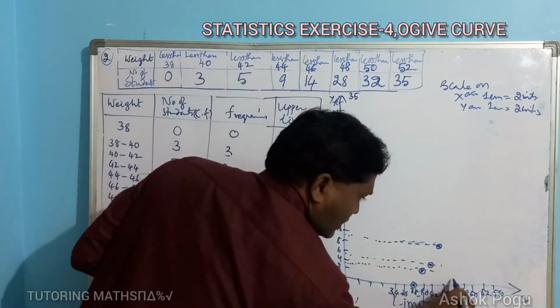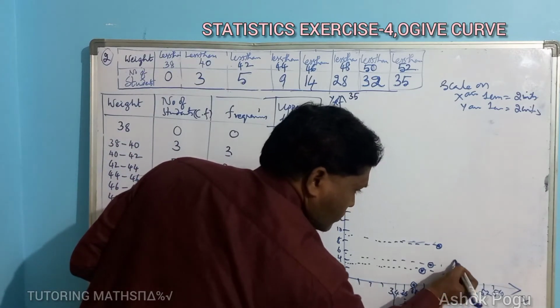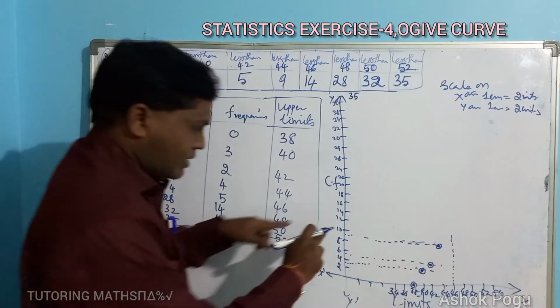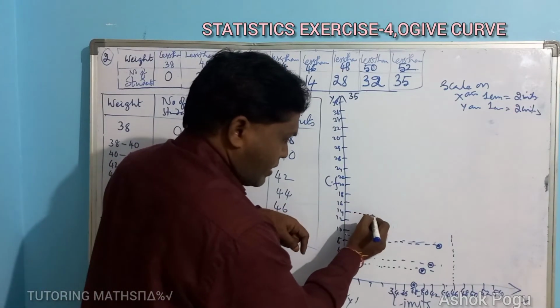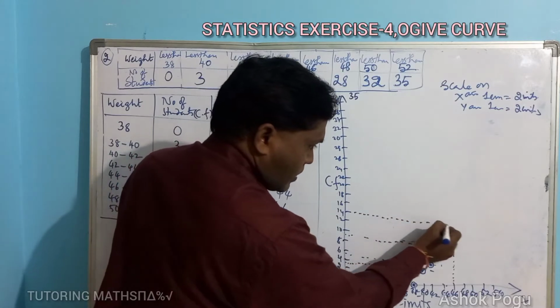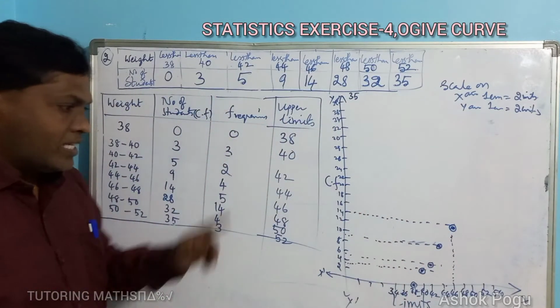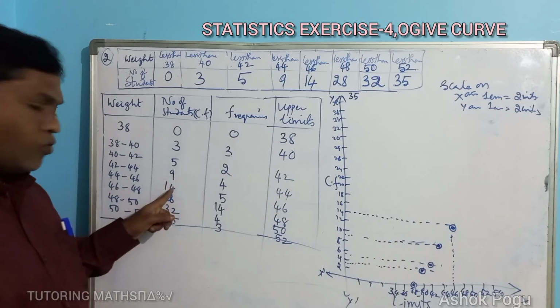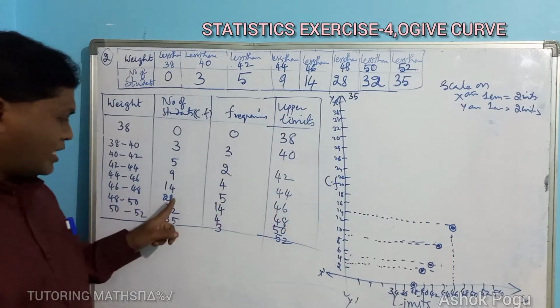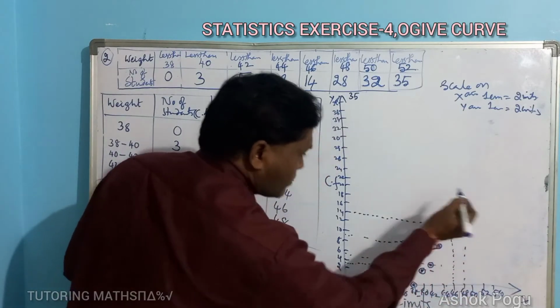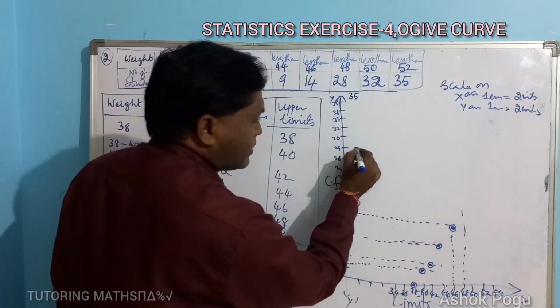Here it is 46 and 14. Exactly, 14 is there. They meet here and you plot that point, that is 46, 14. And next 48, 28. It's 48 and it's 28.